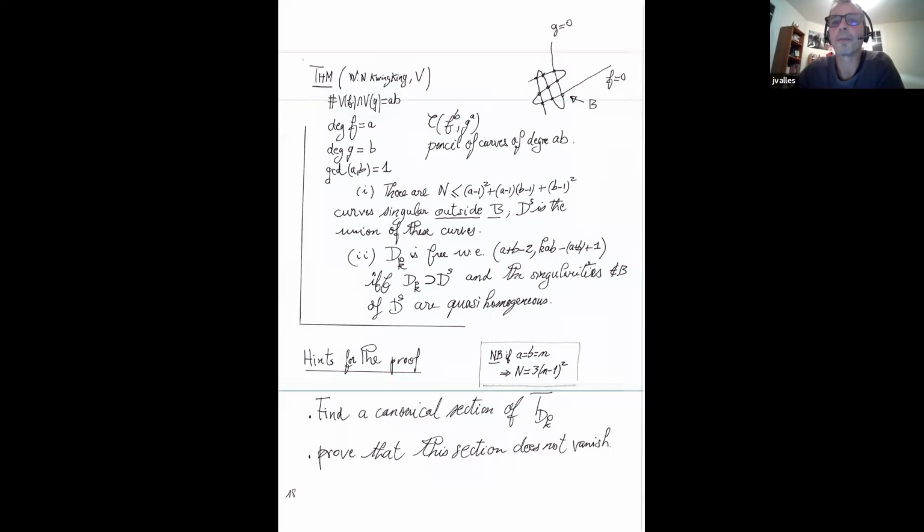So in this case, any member of the pencil is singular along the base locus, but the general member of the pencil is smooth outside the base locus. But there are some more singular curves in this pencil.